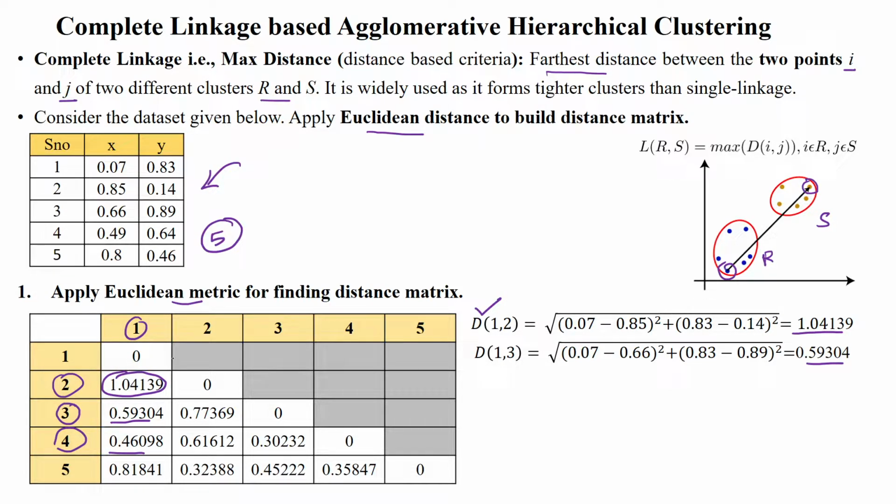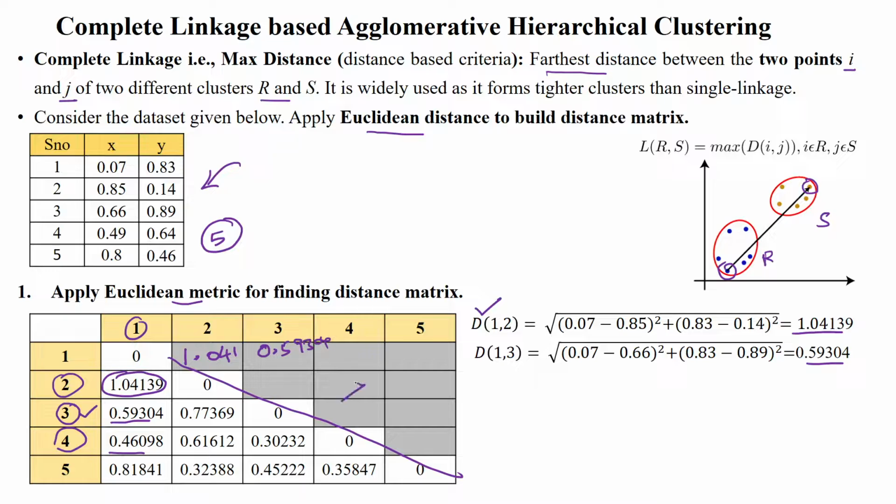Here also 1 comma 2 is the same, 1.04139. And 1 comma 3 also has the same value, 0.59304. So the same value is reflected in the upper part of the matrix table, right?